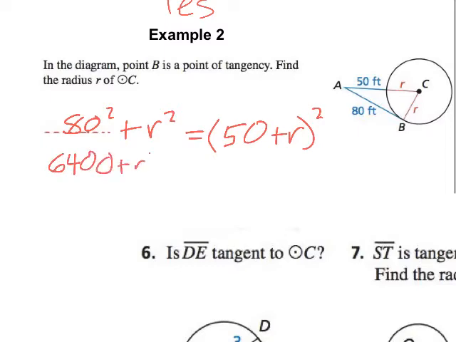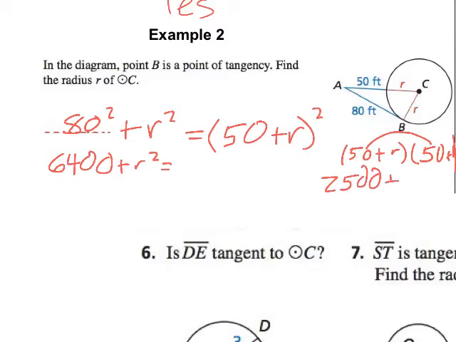Plus r squared equals, and over here I need to make sure I'm doing 50 plus r times 50 plus r. So I do 50 times 50. What's that, 2,500? Plus 50 times r, so that's 50r.